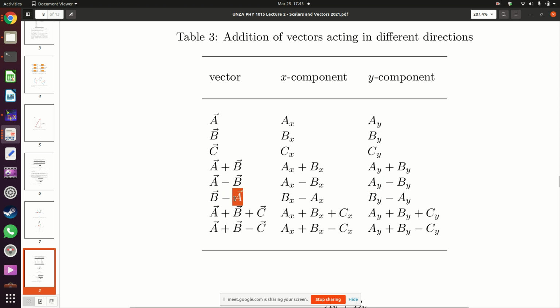Then you do a similar thing for b minus a. For you to work out b minus a, you're asking yourself, because this is going to give you a vector. When you're adding vectors or subtracting vectors, you get a vector. So this vector b minus a, how much is it along the x-axis? That is going to be bx minus ax. Then along the y-axis is going to be by minus ay.